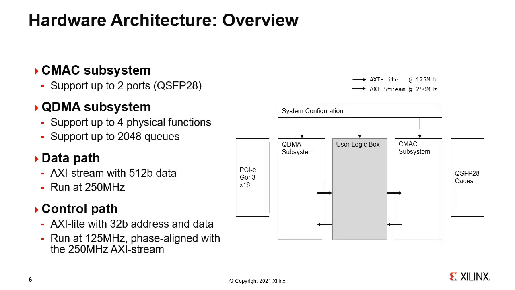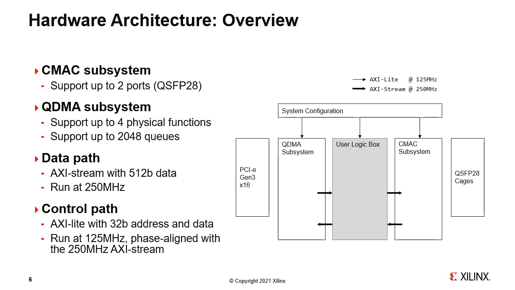From this slide, we can see the overview of the hardware architecture. It has several subsystems. The first one is a CMAC subsystem, which supports up to 2 ports, which here we support as 2 QSFP28 ports. It has a QDMA subsystem, which supports up to 4 physical functions and up to 2K queues.